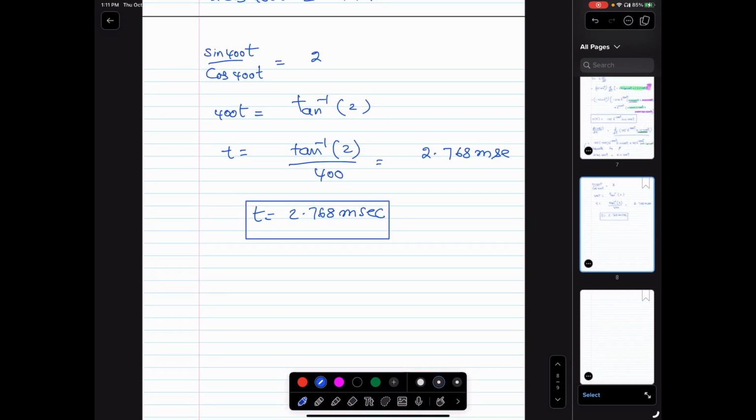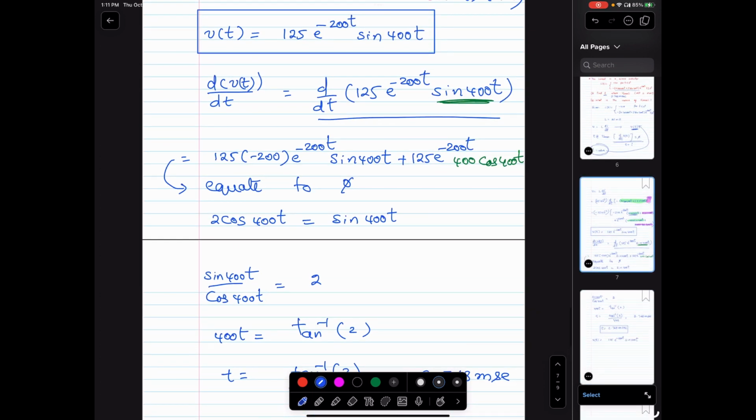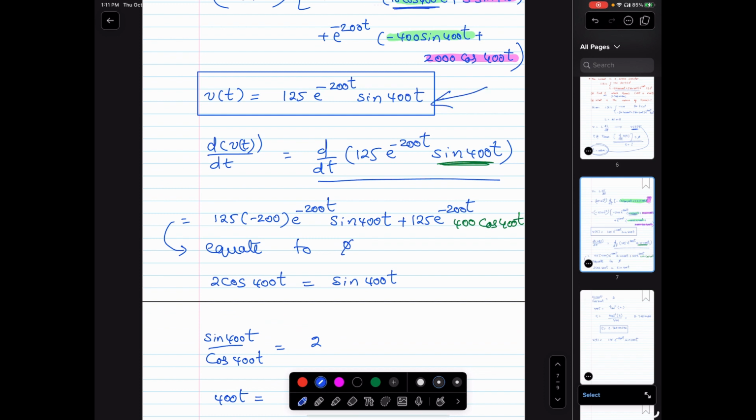Let's see the expression for v of t equals 125 e to the negative 200t sine 400t, because that is what we found. We got the expression for the voltage like so. Very good.